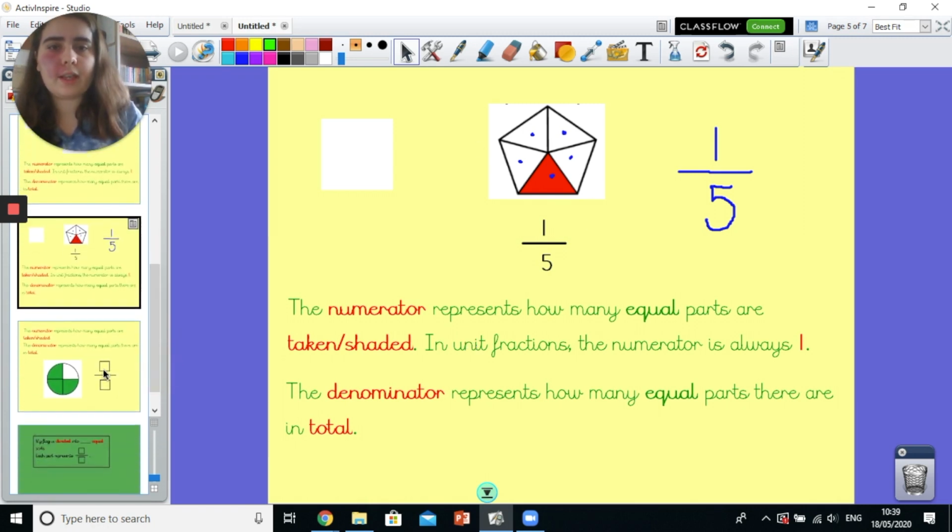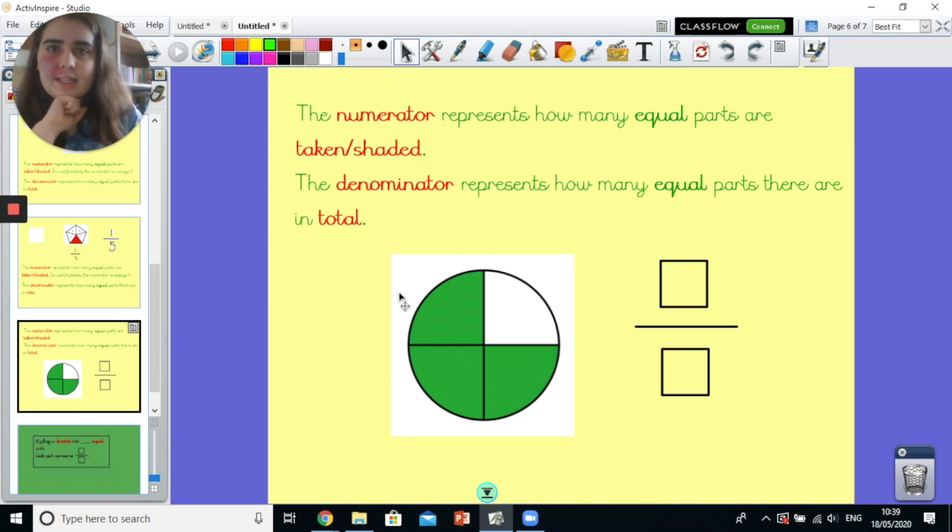Now what happens if there is more than 1 part shaded? What fraction do you think this circle is showing? The numerator represents how many equal parts are taken or shaded, and the denominator represents how many equal parts there are in total. How many parts has our circle been divided into?